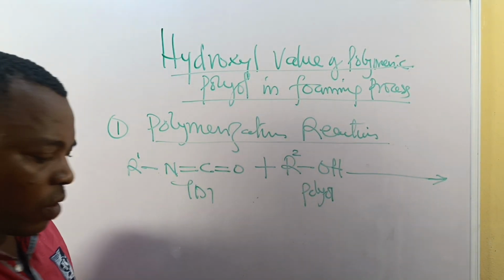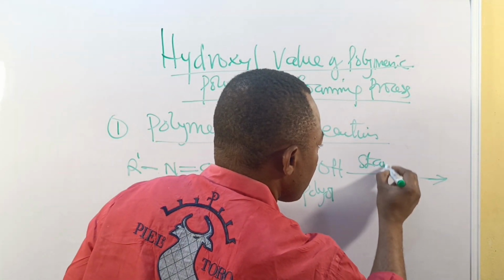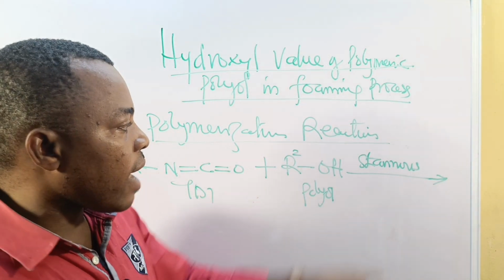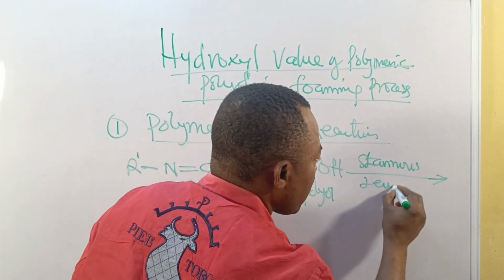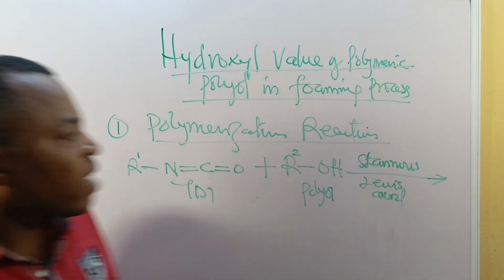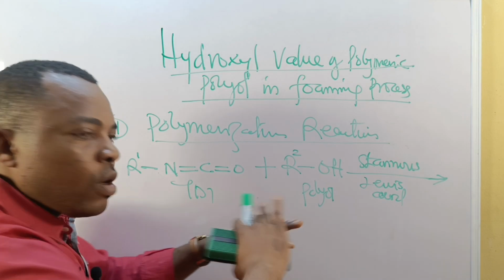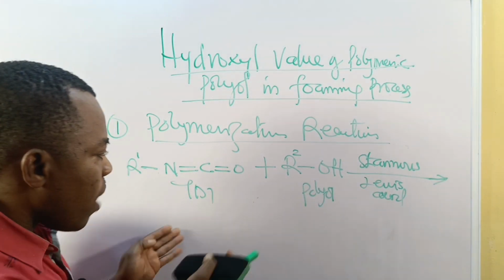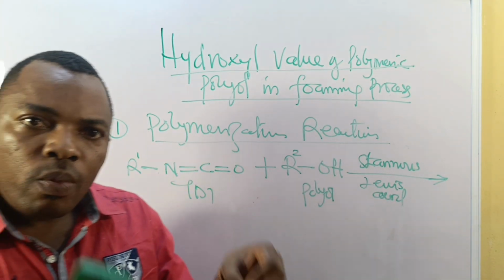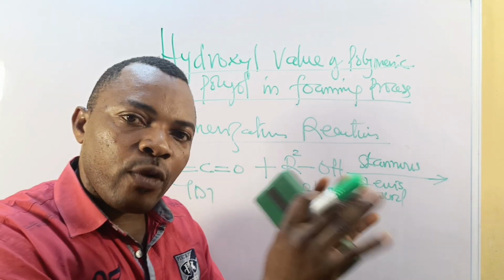This polymerization reaction stage is being catalyzed by stannous, that is tin. This tin catalyst acts as a Lewis acid, activating this reaction, allowing this cross-linking process to take place for us to have the urethane bond.